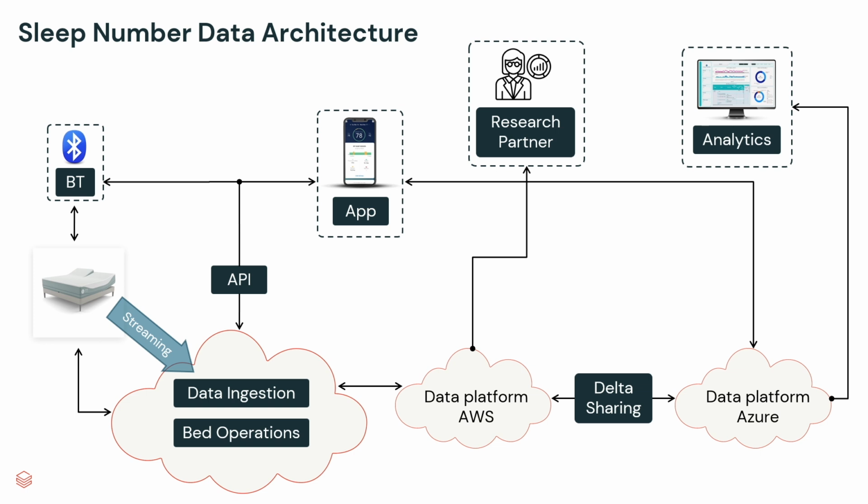But the data part comes from the sleep information. That means our customers sleep on this bed. When they sleep on the bed, the data from the pressure sensors comes in. It's in an analog form. We convert it into a digital form. And then we have AI algorithms running on the edge. Those algorithms give biometric information about the customer.